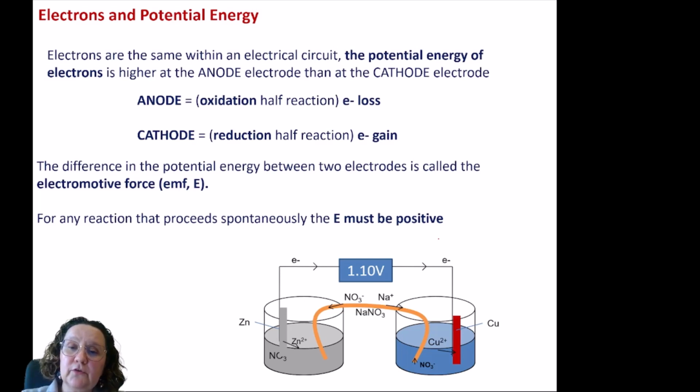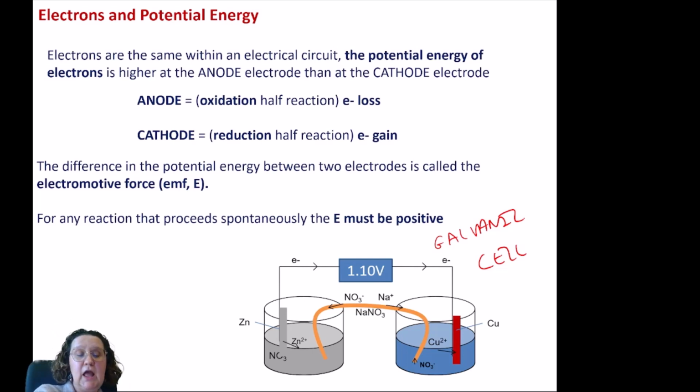This is a typical example of what we call a galvanic cell: a cell based on a spontaneous redox reaction, in which you allow the ions and the compounds to transfer between the oxidation reaction and the reduction reaction, but you don't let the electrons flow. The electrons flow through a wire, and in that process of moving from the oxidation half reaction to the reduction half reaction, they produce electrical work for you.